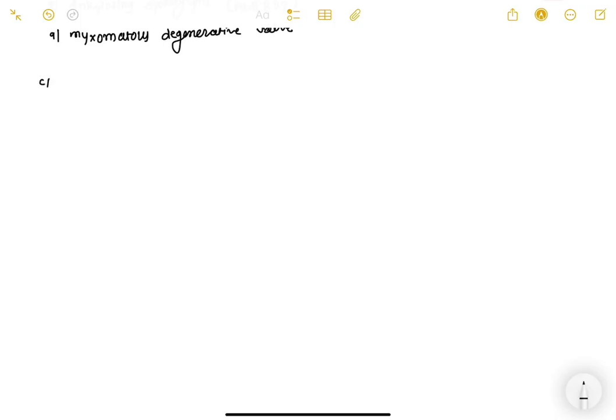Now what are the clinical features? So clinical features, first is the symptoms.